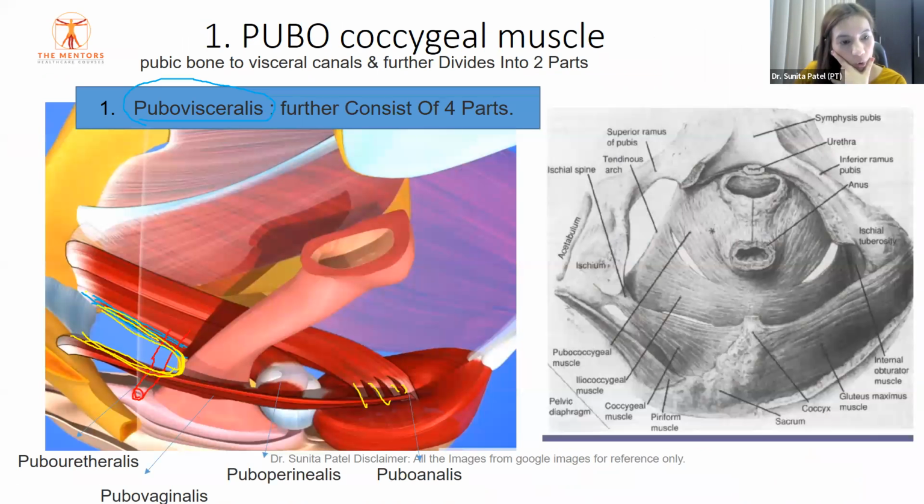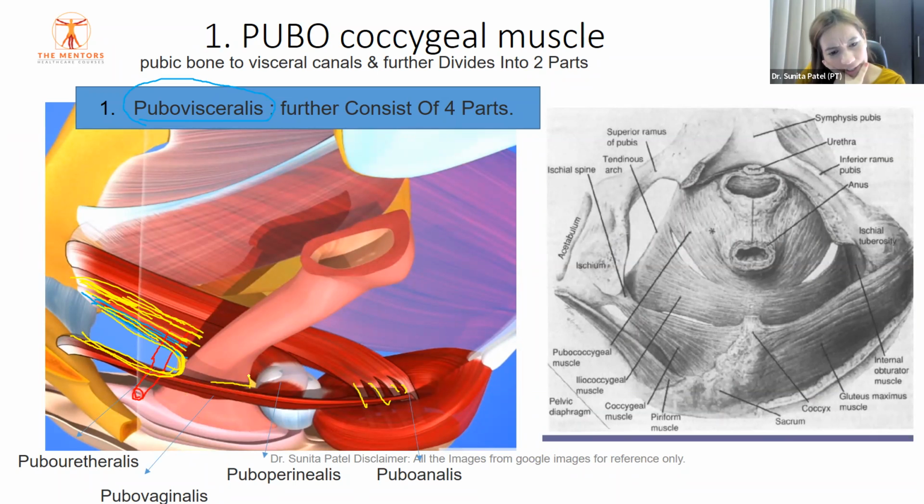Next, more fibers will come from the pubic bone. They will keep originating, and they will go and encircle the next canal. The next canal is the vagina. So this is the vagina. Can you see this part going on?